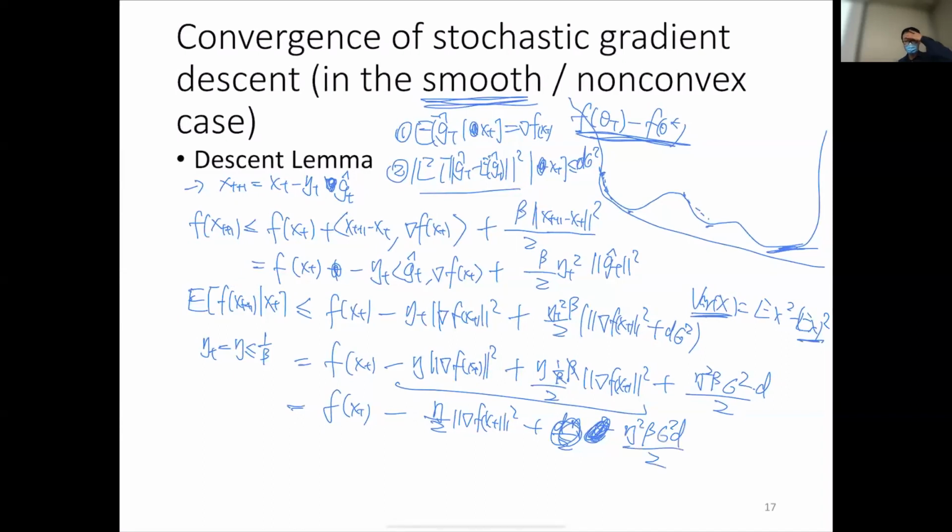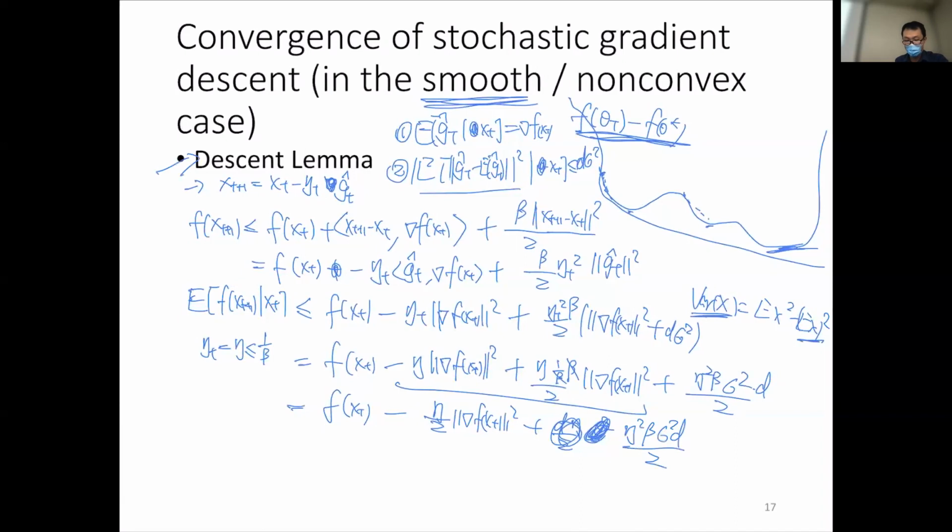Okay, so this is what we call the descent lemma. And the next thing that we're gonna do is telescope and then show that this actually converges to something like a stationary point, right?